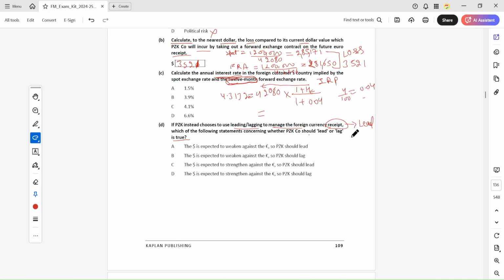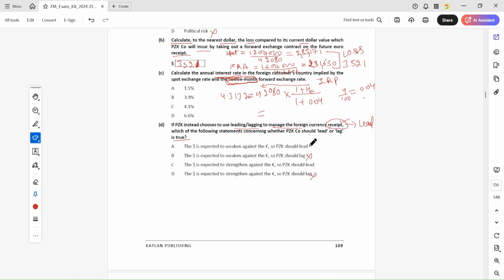Because we are expecting to receive from a customer after 6 months or after 12 months, we can say that we want to receive the amount early, because we have some urgent money requirement, but we cannot delay this amount. So lagging is not applicable here.